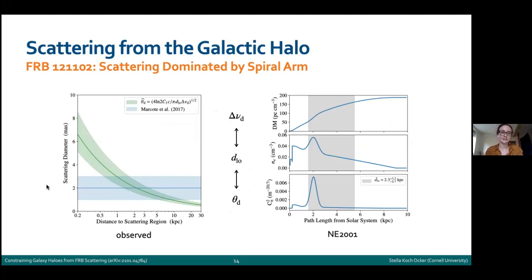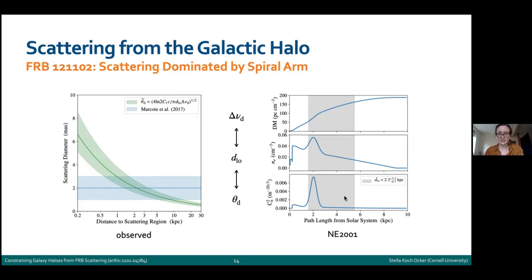So here on the left, I'm showing you the angular broadening versus distance to scattering screen. And this blue region is showing you the angular broadening measurement from Marcote et al. 2017. And then this green curve is showing you the angular broadening versus distance that's implied by the scintillation bandwidth measurement. And so the overlap of these two regions corresponds to the distance to the scattering screen.